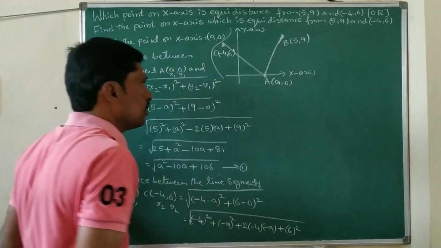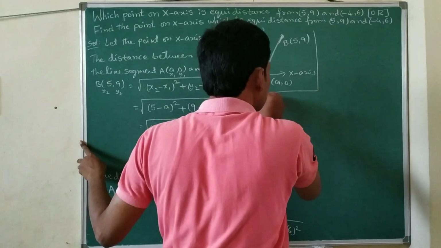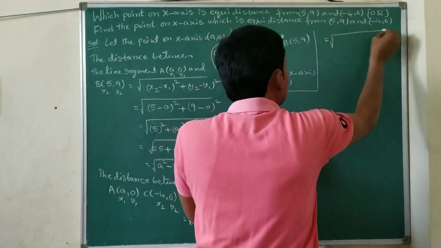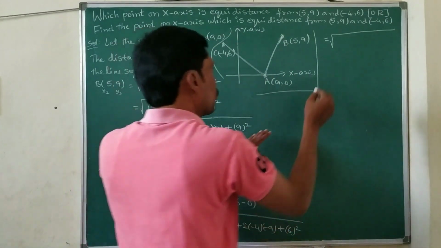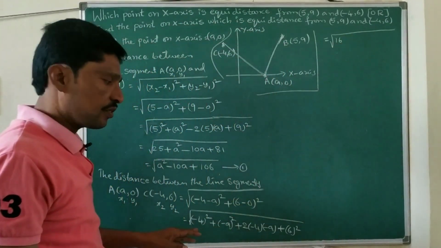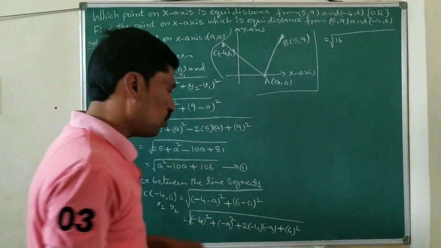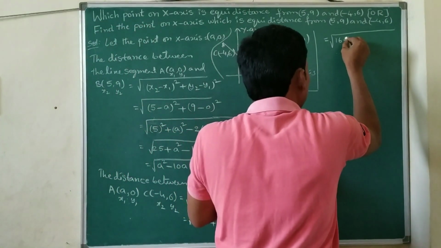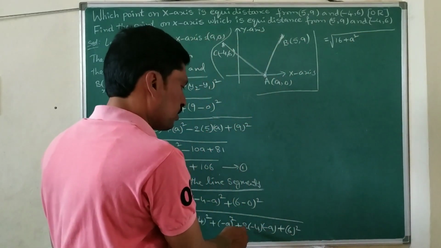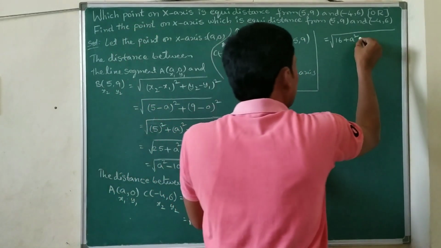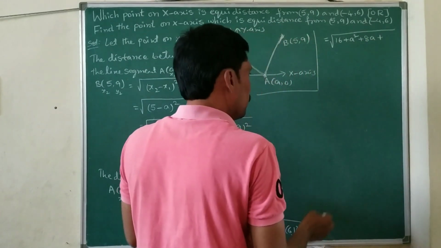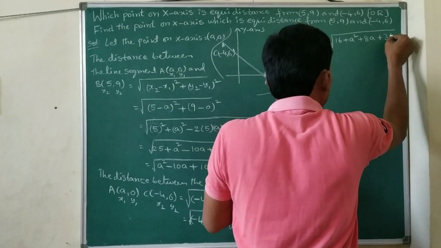That equals under root 16, since minus 4 into minus 4 is 16, plus a square, plus 8a, plus 6 square, which is 36.